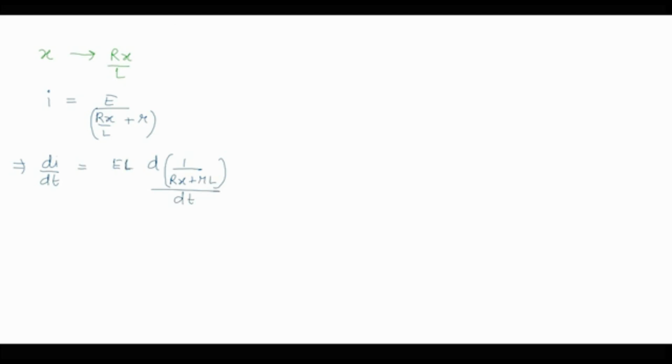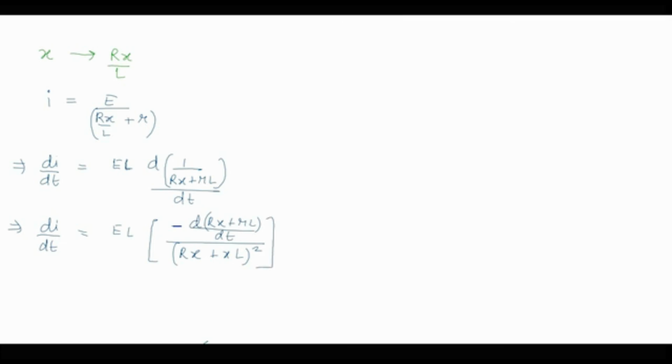If we solve this expression, we get di by dt equal to EL, and differentiating this expression, we get (Rx plus RL) whole square, with a minus of the derivative of this entire function, that is, the derivative of Rx plus RL with respect to dt.